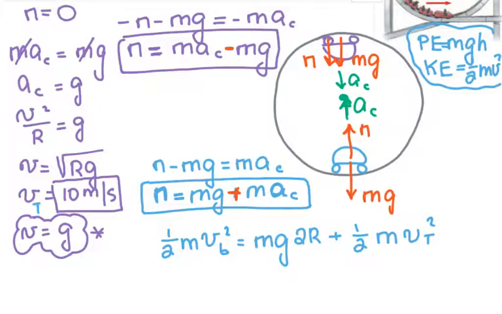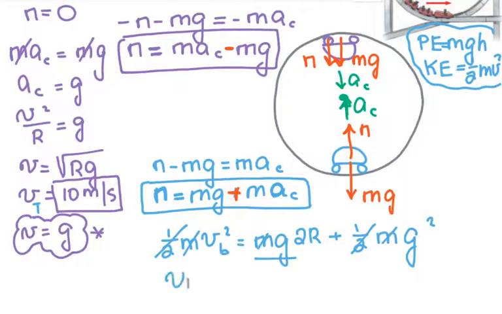Instead of saying v top squared, I'm going to plug in g, because that's how they solve it. So g squared, because the top velocity, not always, just in this case, is equal to g. So I'm going to multiply everything by 2 and cancel all the m's.